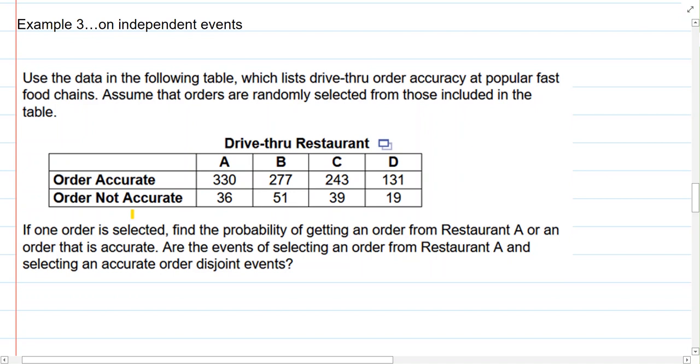All right. Use the following table, which lists drive-through order accuracies at popular fast food chains A, B, C, and D. Assume that the orders are randomly selected from those included in the table. Well, we must find the cardinality of all the orders.